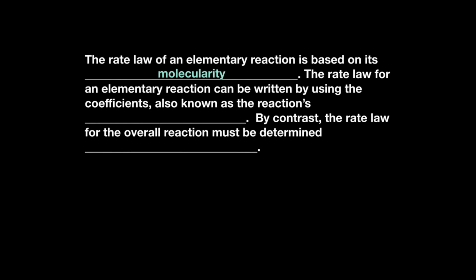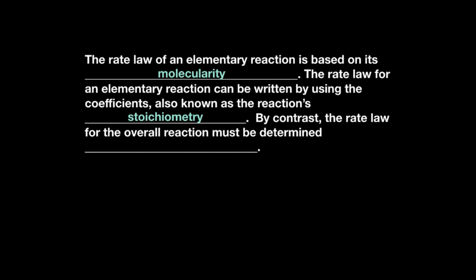Specifically, what that means is that the rate law for an elementary reaction can be written by using its coefficients. Better stated, we can use the reaction's stoichiometry. So whereas we cannot use the stoichiometry for an overall reaction, we can use the stoichiometry of an elementary reaction in order to determine the rate law.